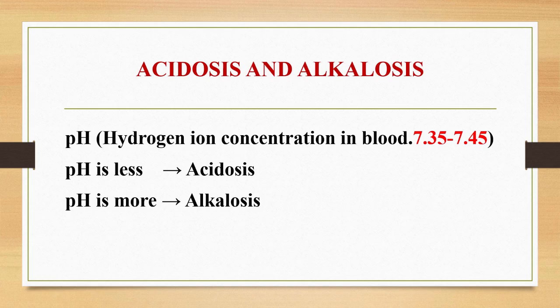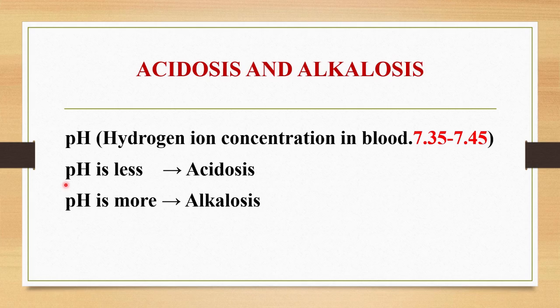In this, I am going to explain how to identify whether it is acidosis or alkalosis. In order to find out that, first you should see the pH level. As I explained already, pH is a measure of the hydrogen ion concentration in the blood, and the normal value ranges from 7.35 to 7.45.